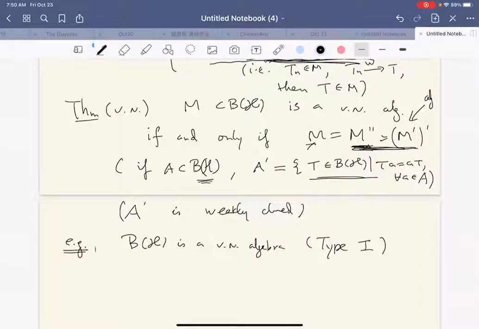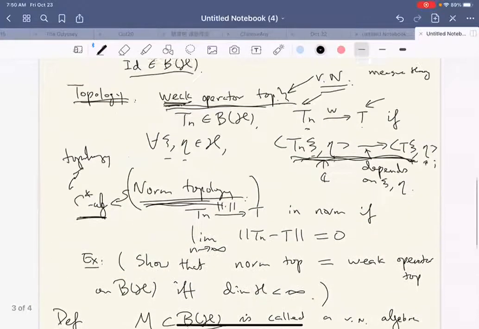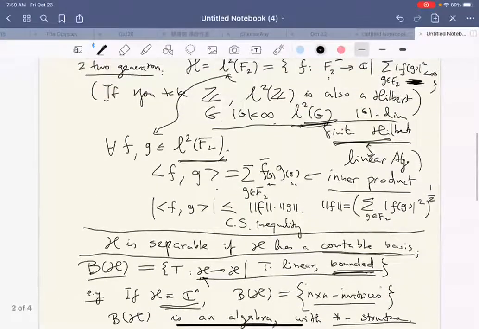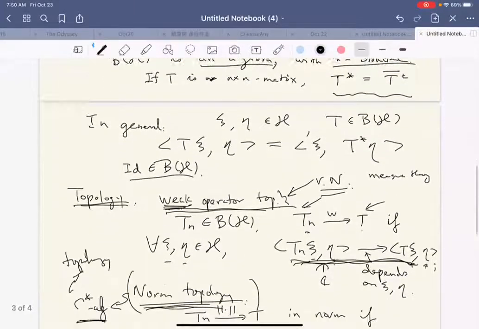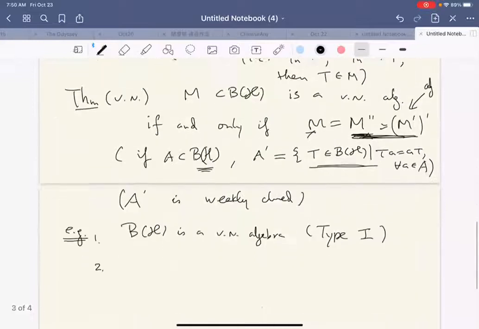To move further, let's give another example of a von Neumann algebra, and that's the reason I introduced this F2 here, the non-abelian free group on 2 generators. That's my next example.